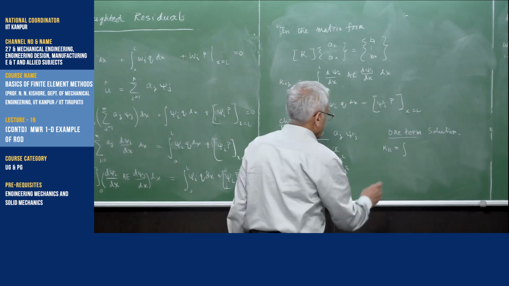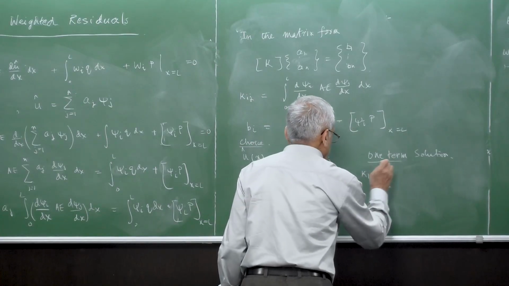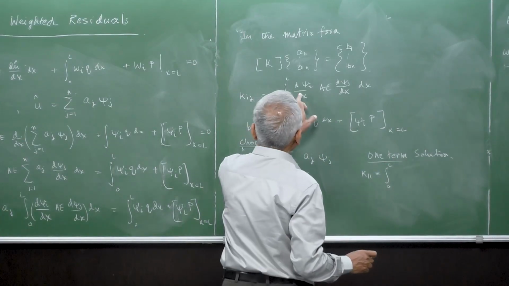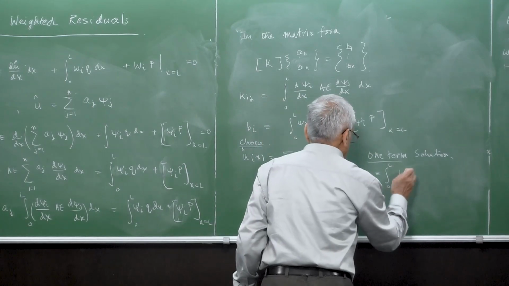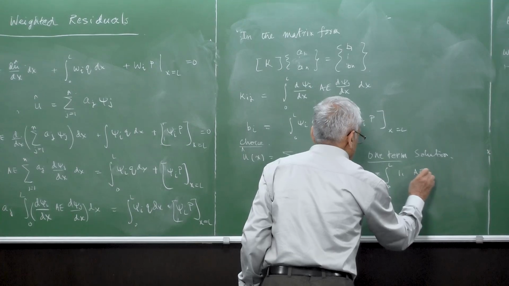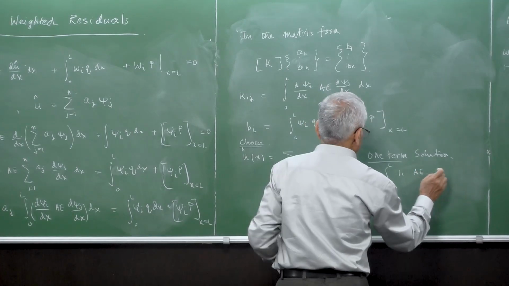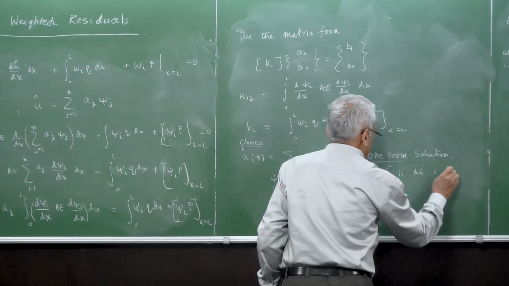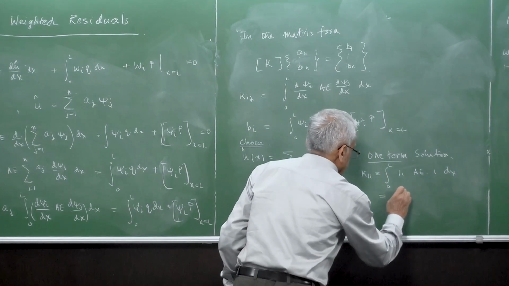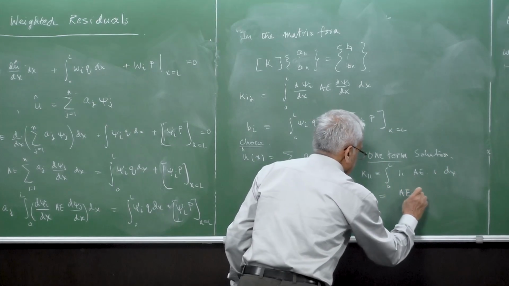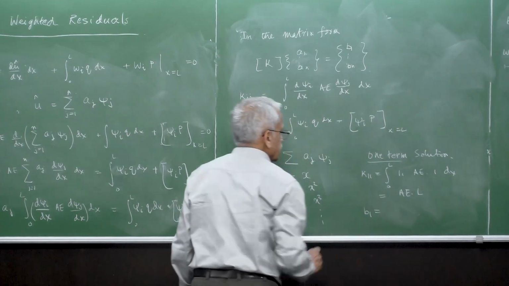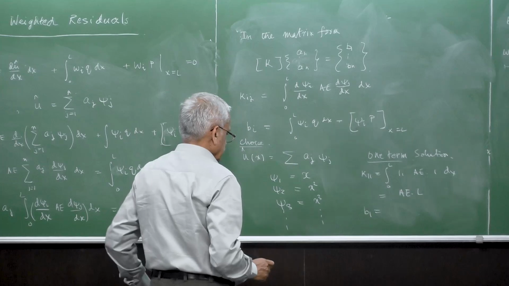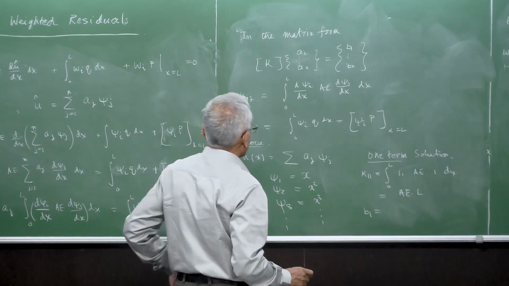So if you put 0 to L, then d dx of psi_1 is 1 here, and AE, and again d dx of psi_1 is again 1 here. So this is nothing but AE multiplied by L, right? What about B1? What is that here?